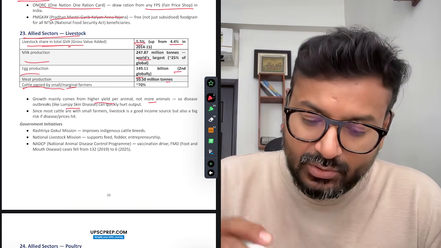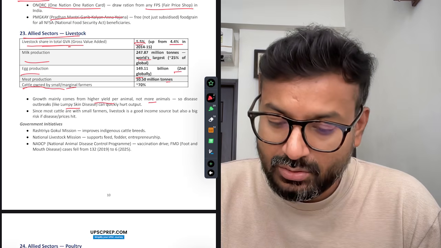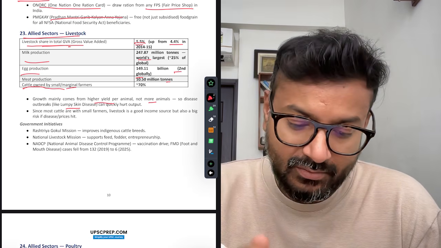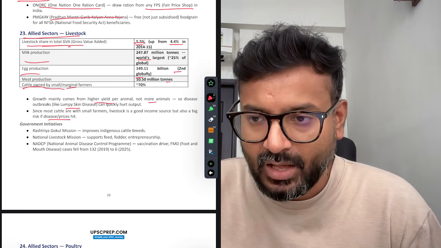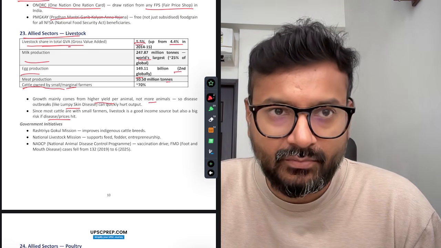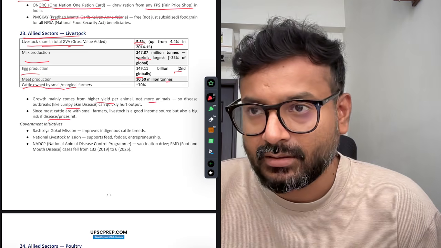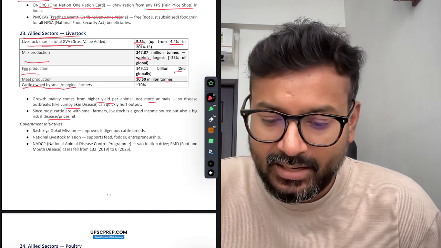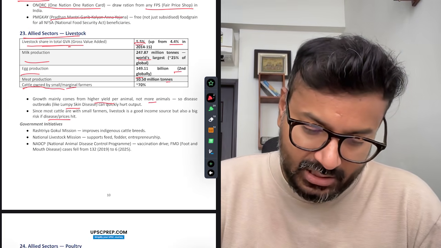Second, since most of these cattle are with small farmers, it is a good source of income, but there is also the risk of disease and price. If there is disease, or some other dip in prices of animal produce like eggs or meat or milk, then it can really hurt the farmers as well.